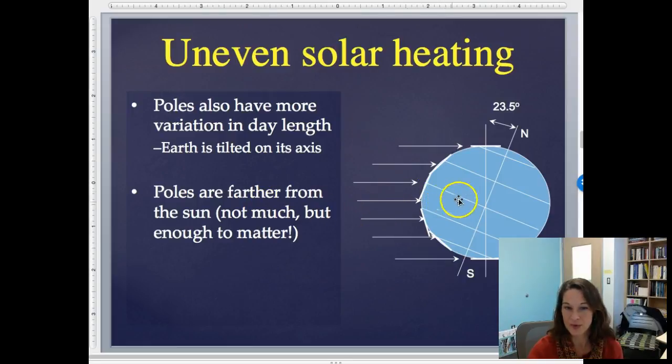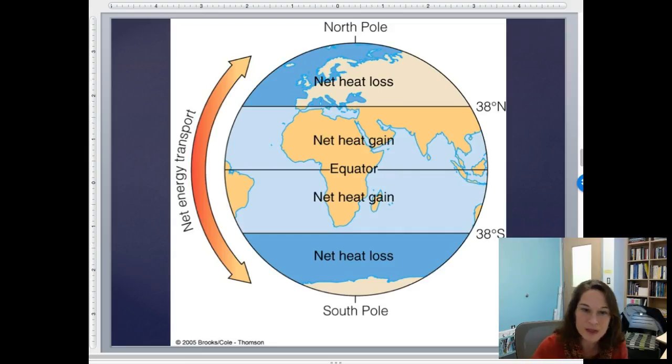The poles are also farther from the sun. Not much, but enough to make a difference. So if your sun's over here, and light energy has to travel this far to get to the pole versus only this far to get to the equator, that's enough of a difference to decrease the amount of incoming energy to the poles. And what does this all mean?